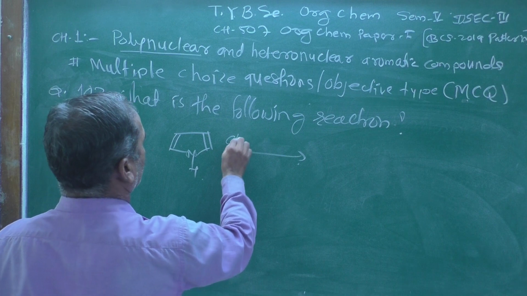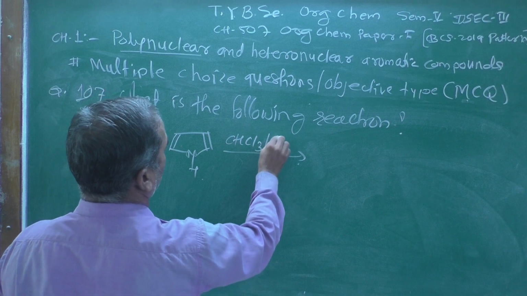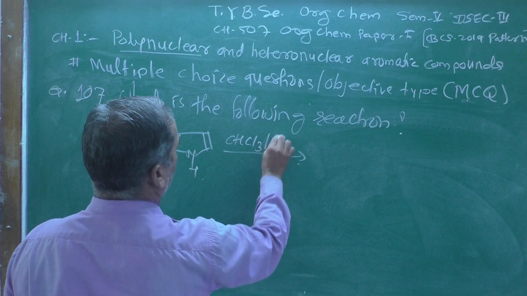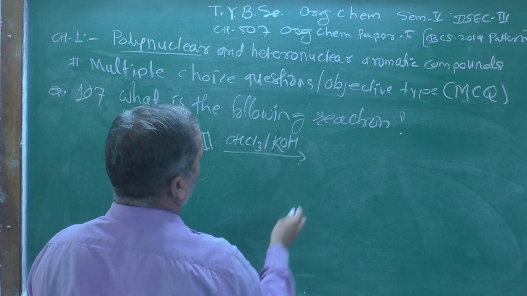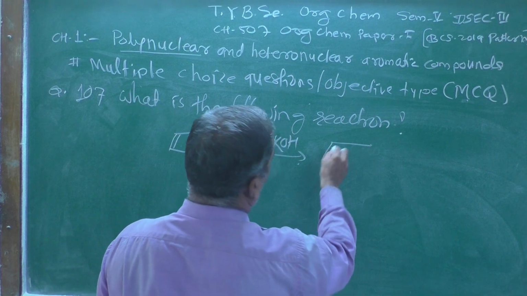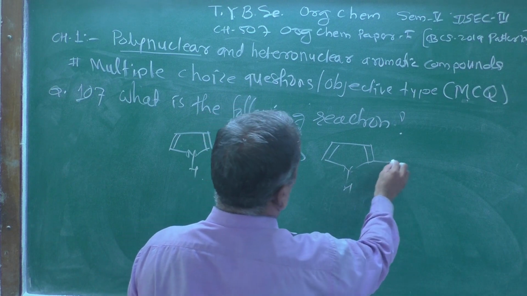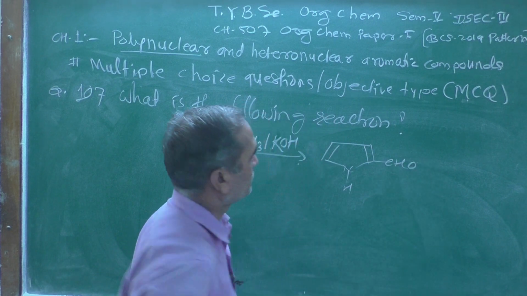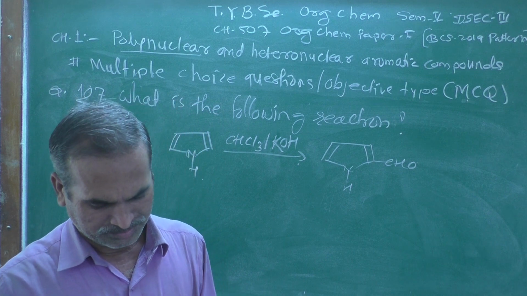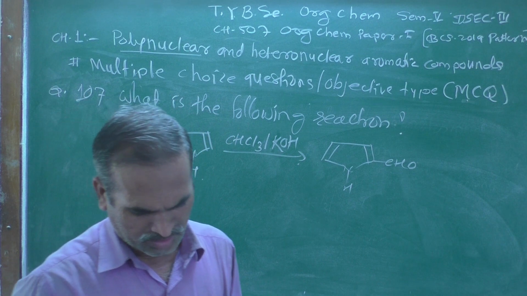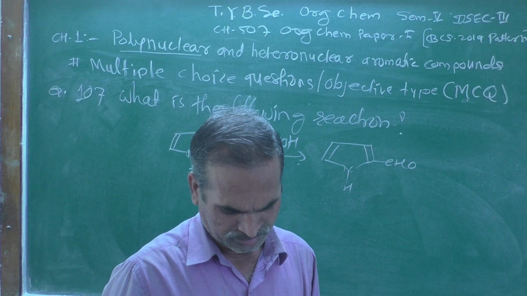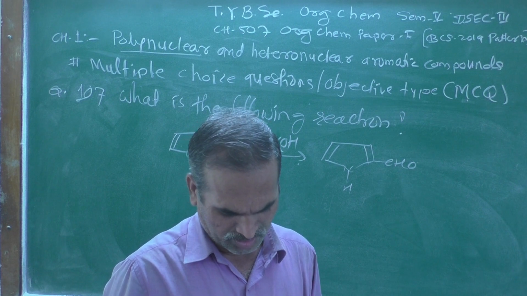Then CHCl3 in presence of KOH, and the product formed has CHO. The options are given here.